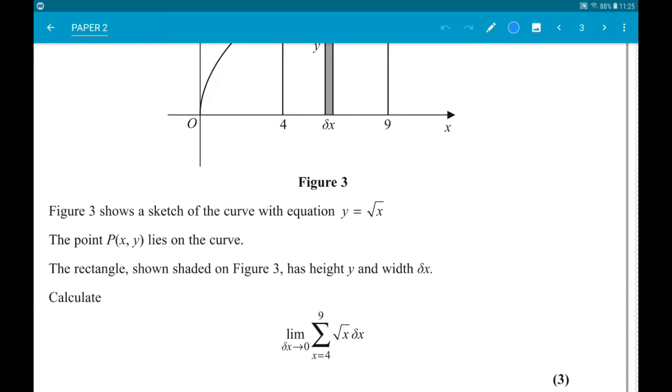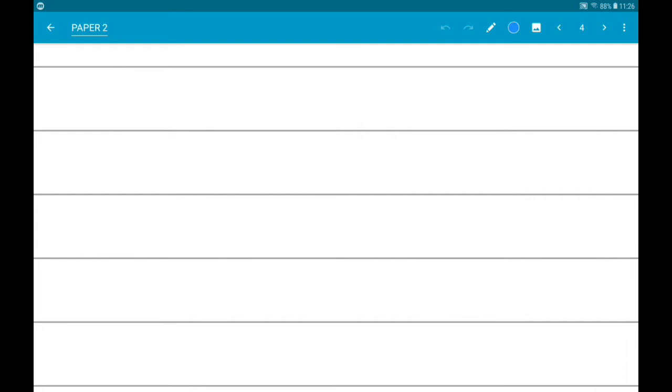Integrals are sums of an infinitely tiny amount. So as delta x tends to 0, the rectangle is infinitely slim. Integration sums up all the areas of these infinitely thin rectangles. So all that this is, is the integral from 4 to 9 of root x dx.